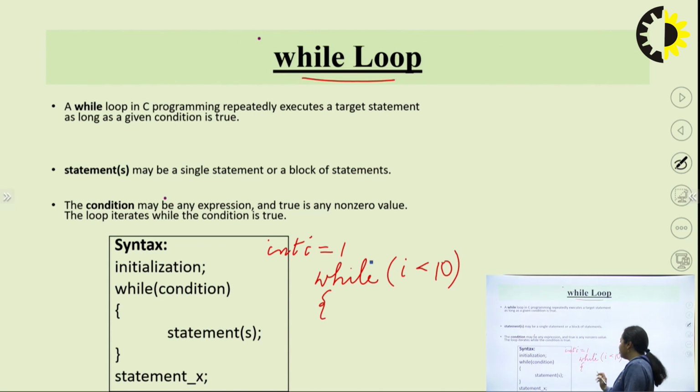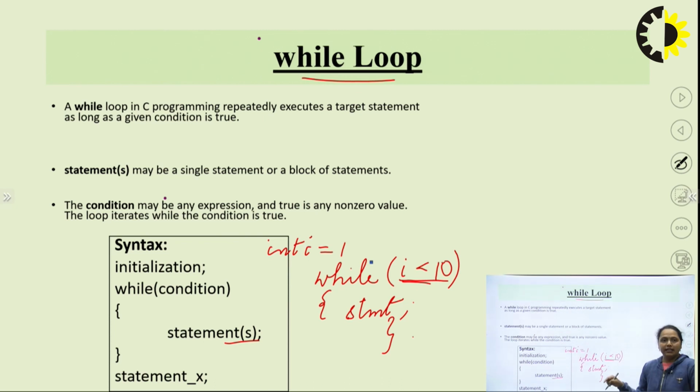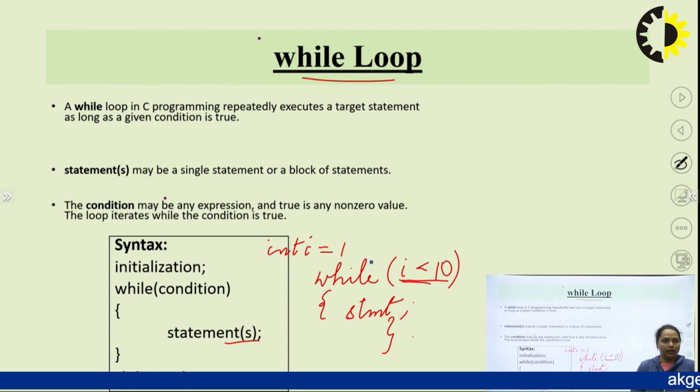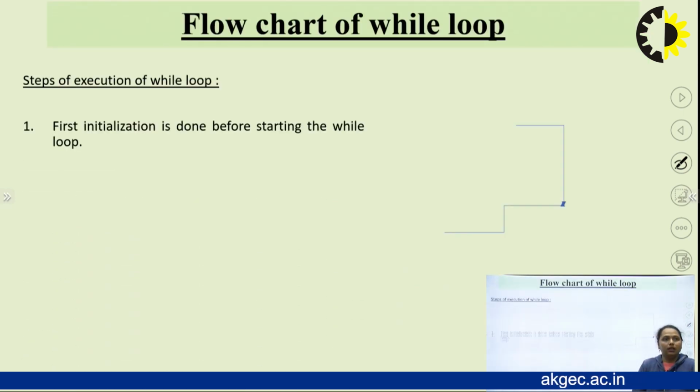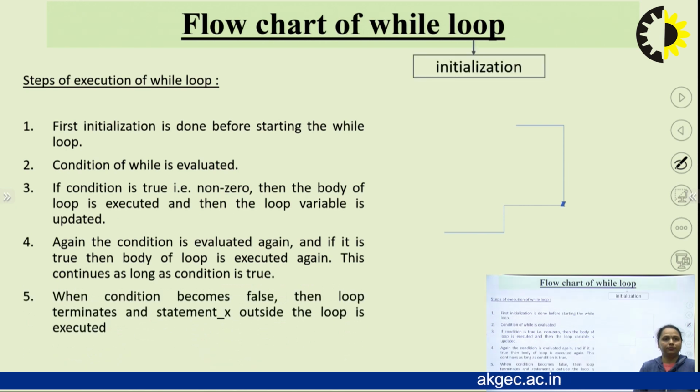If this condition is true, the statement will get executed. If this condition fails, statement X will be executed. That is the syntax for while. So this is the flowchart.